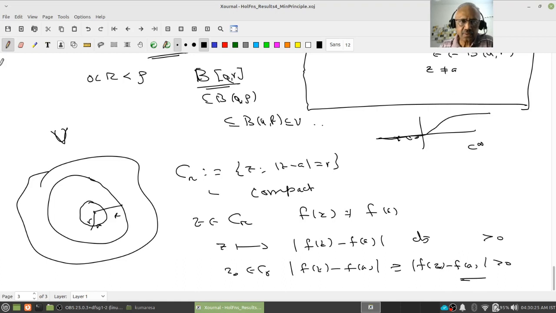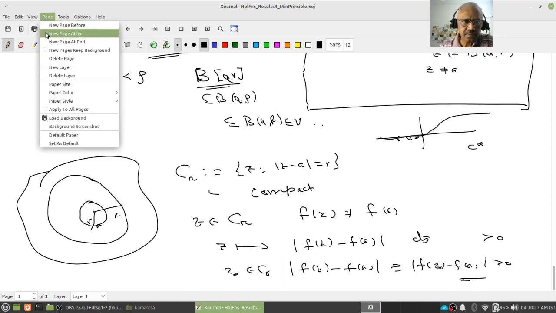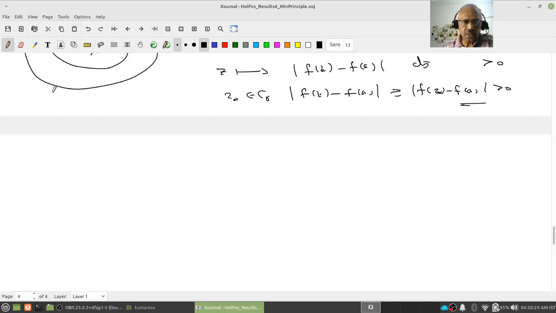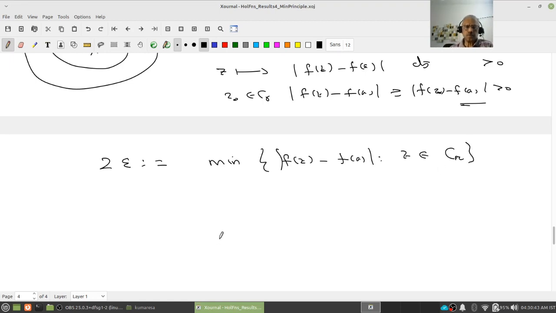Okay, so call this 2 epsilon. Let 2 epsilon equal the minimum of modulus of f(z) minus f(a) as z varies over C_r. Now what do you think I want to prove? So again have a look at a picture.